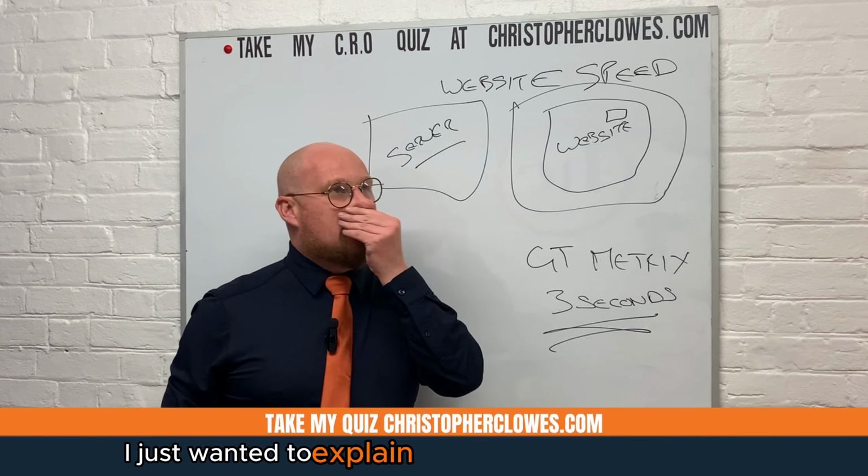So when somebody clicks on a link or goes onto Google and searches and your website pops up, what that person is doing is making a request to the server to show your website on their screen. They're saying, can I see this website please?